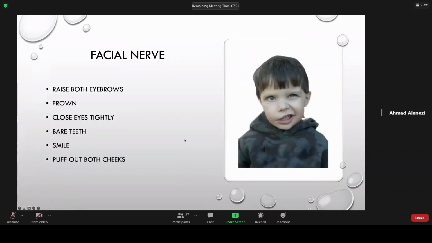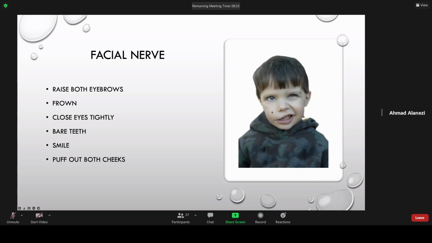And then the facial nerve is very important. You assess the child by examining facial asymmetry. There may be clear facial asymmetry even without examining the patient, but you examine him this way. You ask him to raise his eyebrows to see if there are wrinkles in the forehead or not, and to frown to assess facial grimacing.